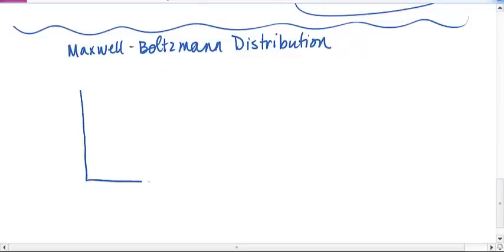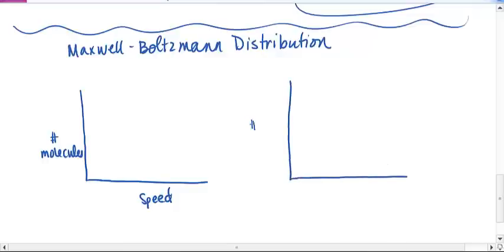They both have a very similar shape. This first one is number of molecules on the y-axis and molecular speed on the x. Actually, they're both going to have those labels, but we're going to be looking at different things in them. So again, this one will also be number of molecules versus speed.